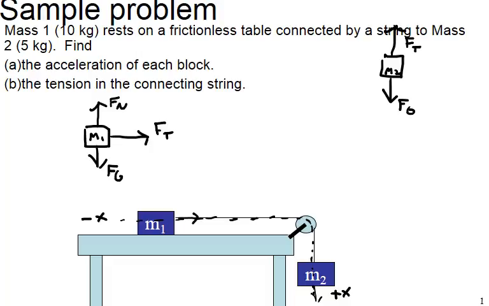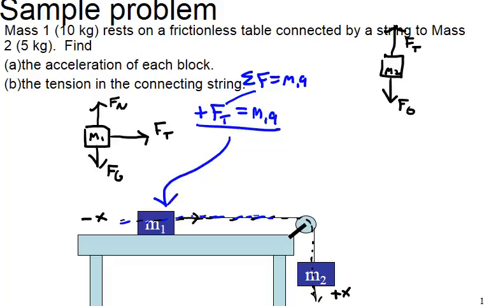So for mass 1, all we really care about for this one is along the x-axis. So we have the positive force of tension is equal to, well, really the sum of the forces equals m1a. So positive force of tension equals m1a, and that's the acceleration for this.